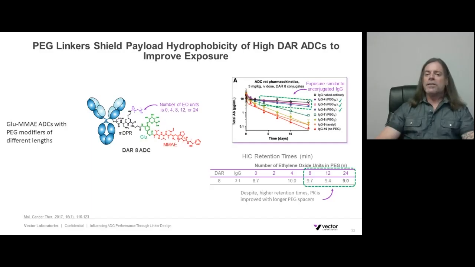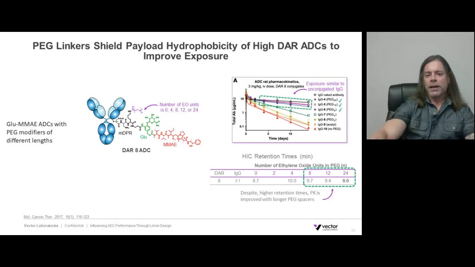And those three ADCs, those DAR8 ADCs with the PEG-8, 12, 24 spacers have retention times that are nearly 3 times as great. So we would think more hydrophobic, cleared faster, but based on the PK studies above, we see that that's clearly not the case. Exposures are about the same. And a number of other groups have noticed this now as well. So just use caution when you're trying to use HIC results to extrapolate to PK liabilities. It's not always a correlation.